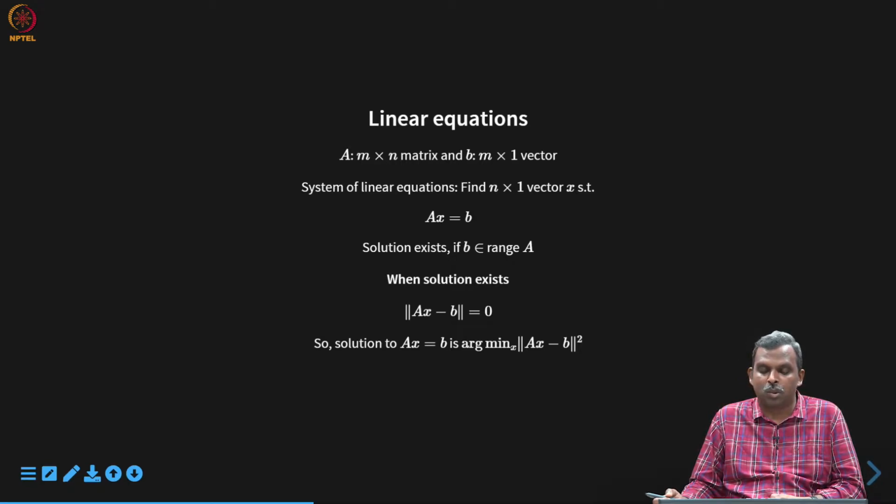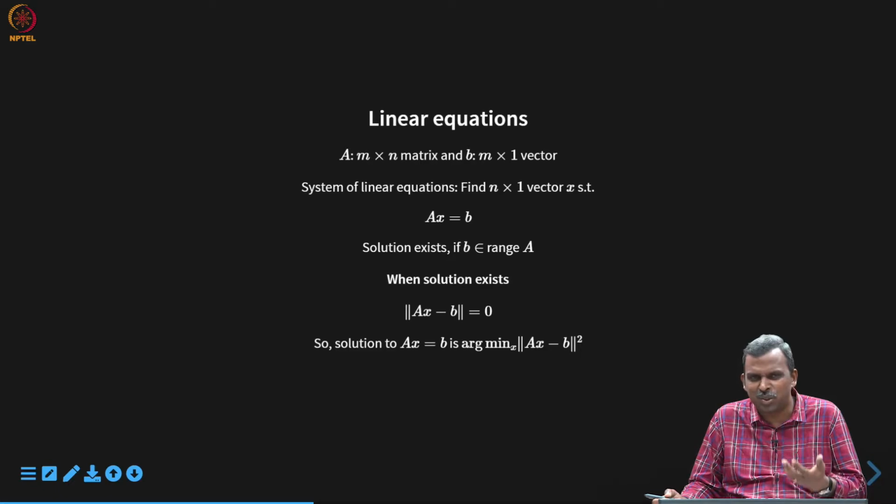It all seems very redundant when you have a solution, but you can think of the solution in that fashion. So what is the solution to Ax equals b? It's that x which minimizes the norm of Ax minus b. When a solution exists, of course, the norm is non-negative, so the norm goes to 0, which is the least possible value it can take. So that seems to fit.